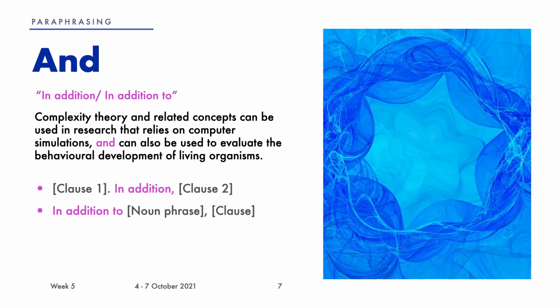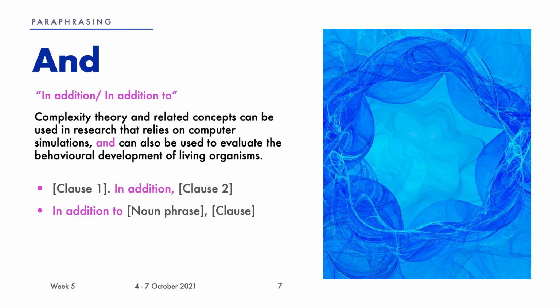We only have to break the original sentence into two separate sentences, and the first clause will stand as a single sentence, and then you separate it from the second one with a full stop, and between the two clauses you add in addition. But then this is strictly speaking not paraphrasing.